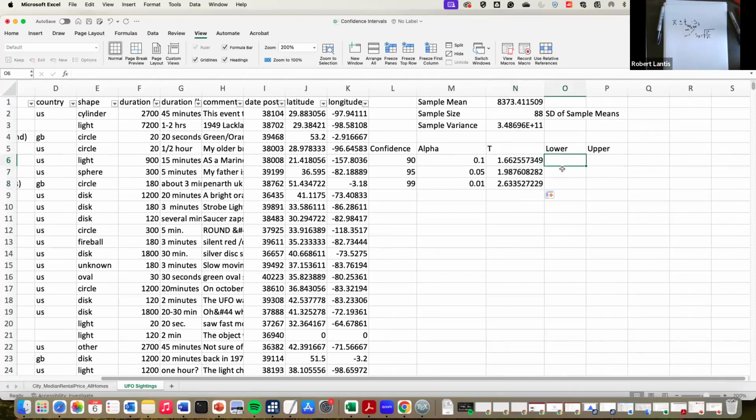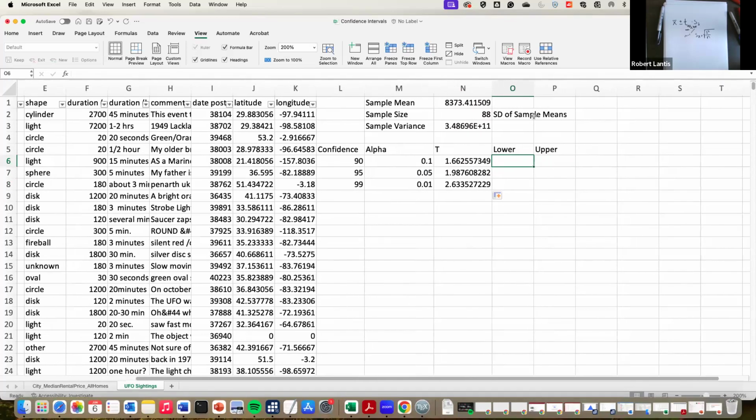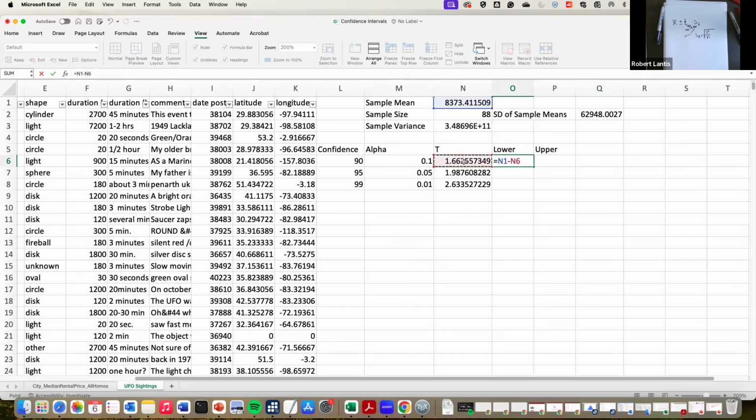Now the other thing I need is the standard deviation of my sample means, which was the square root of my sample variance divided by my sample size. Now I take that sample mean that I found, subtract the margin of error, which is the number of standard deviations away I want to go times what the standard deviation actually is of the sample means.